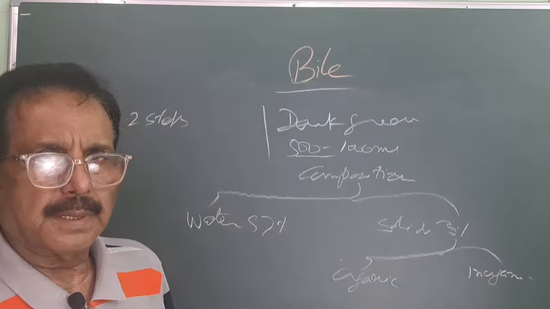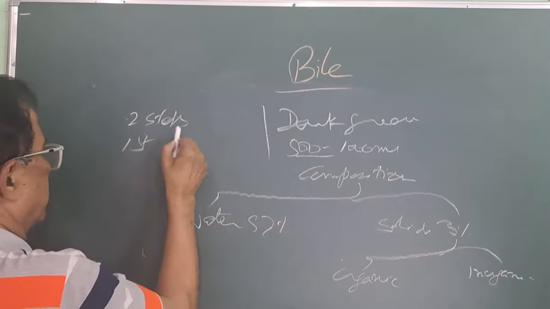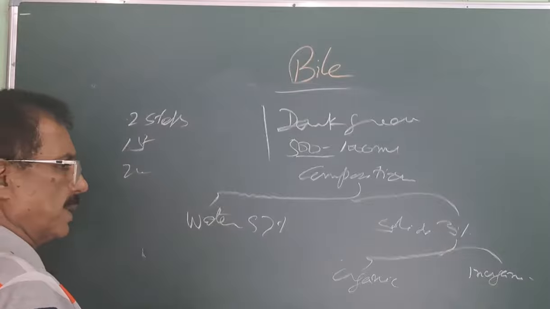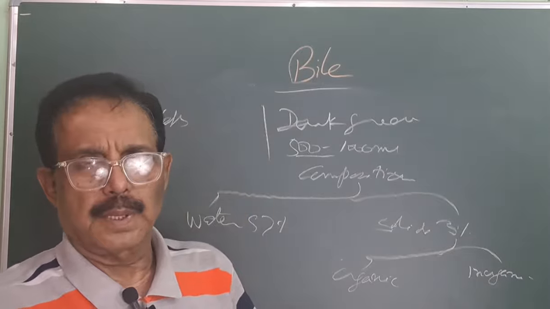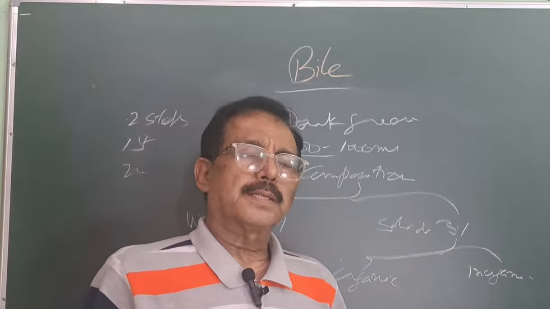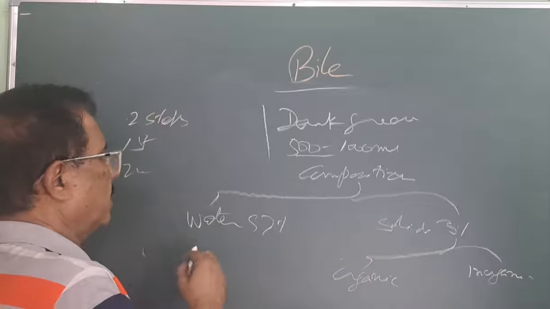Water comes passively. The first step is in the hepatocyte, the second step is in the ductal cells. Now bile salts are added, and this is primary bile.